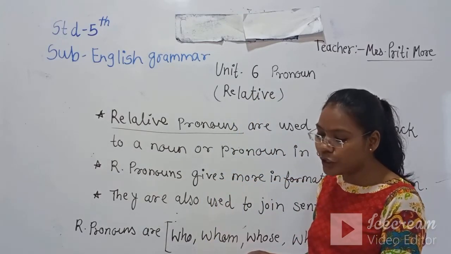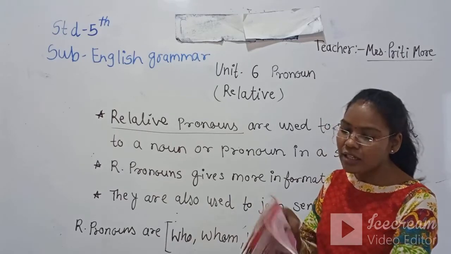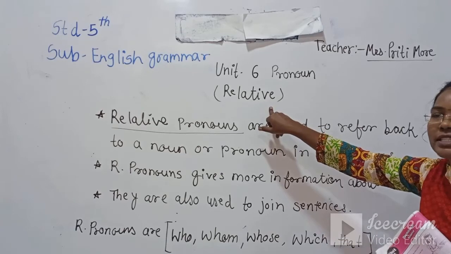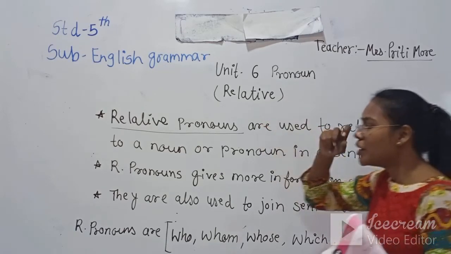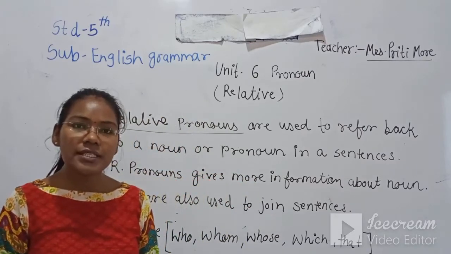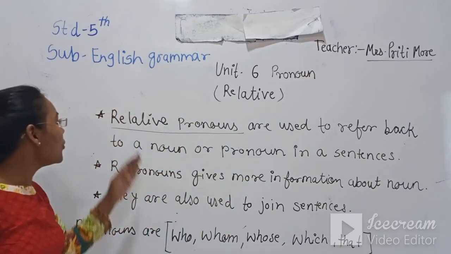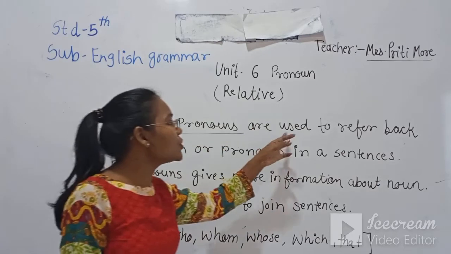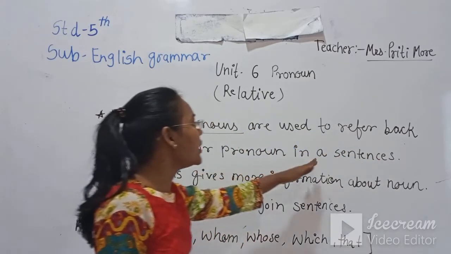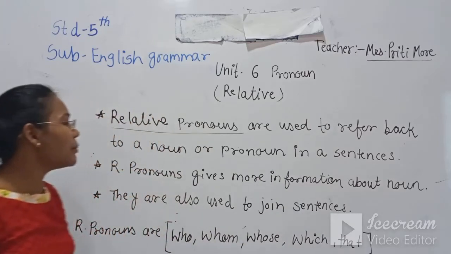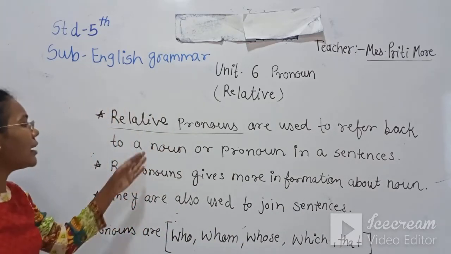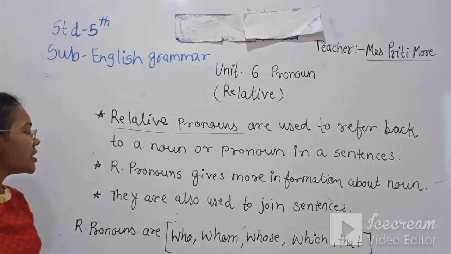Now today we are going to see the pronoun, but which pronoun we are going to see? Relative pronoun. Now what is relative pronoun and what is the use of this relative pronoun? So relative pronouns are used to refer back to a noun or pronoun in a sentence. That means this relative pronoun refers back to a noun or pronoun in the sentence.